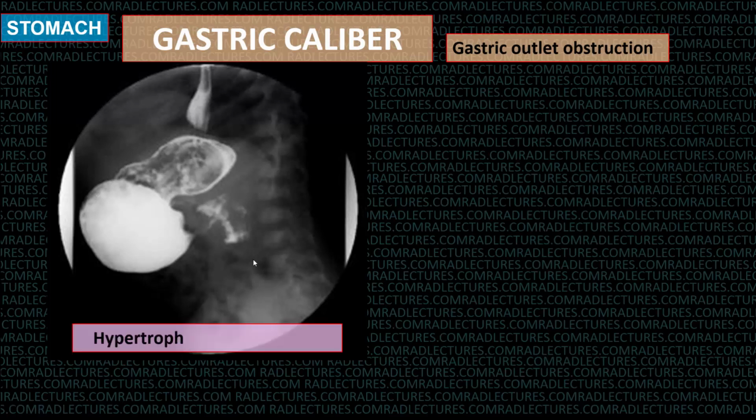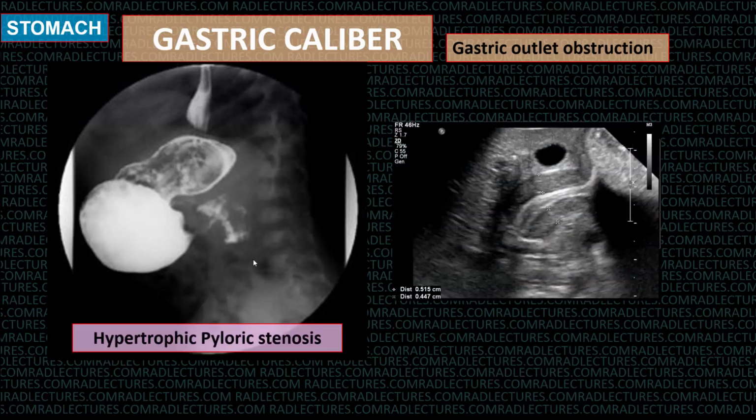Nowadays, and I'm sure you have done a lot of this, we do ultrasound in which we look for the pylorus, the pyloric channel, and look at the muscle thickness. If it is more than 3 millimeters on each side of the mucosa, here it is 0.5, which is 5 millimeters, and 0.4, almost 5 millimeters here, that is diagnostic of hypertrophic pyloric stenosis.